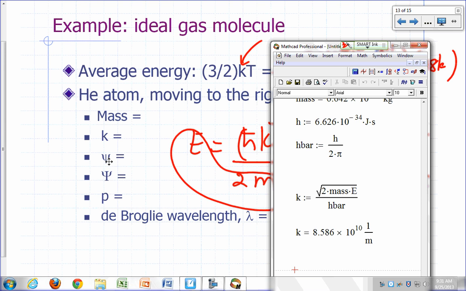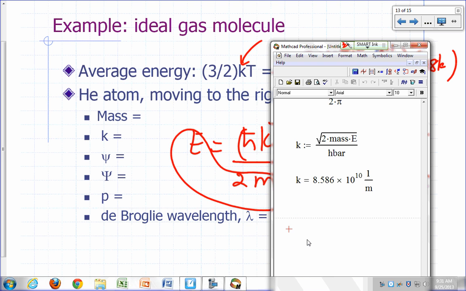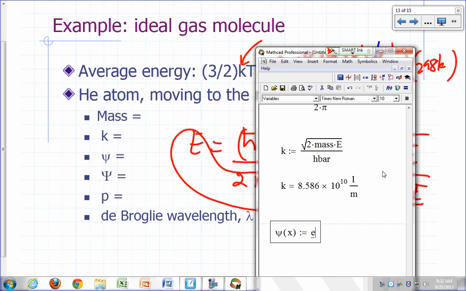Okay? So what is our psi? Psi of x equals, okay, our helium atom is moving to the right. So it's just e to the i, that's your i, times k times x.